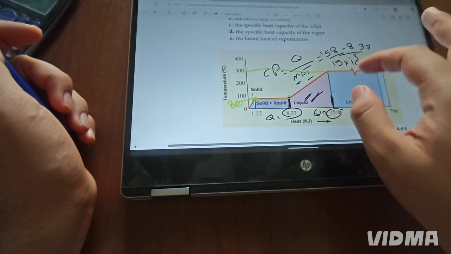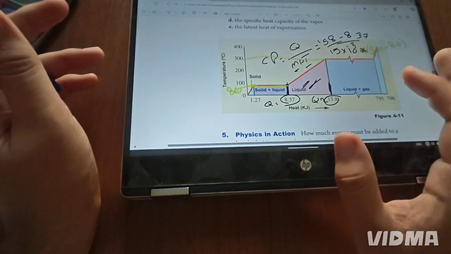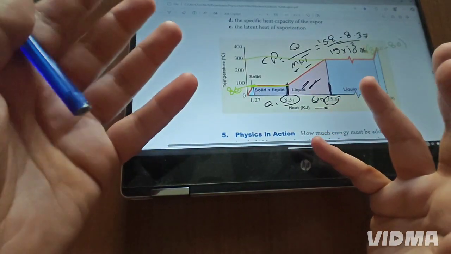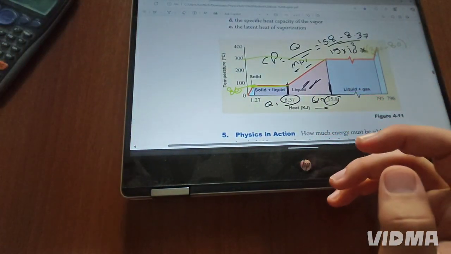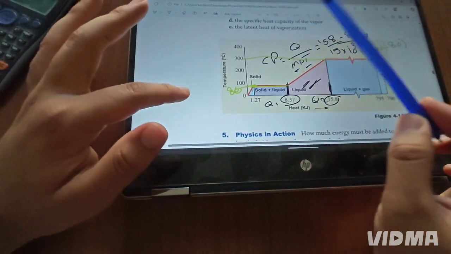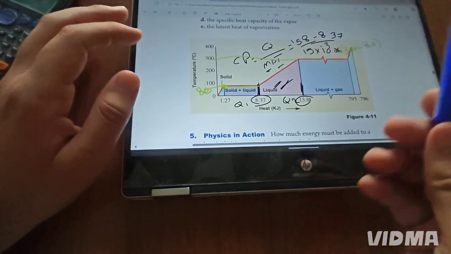If the teacher brings this in the exam, you have to be careful and use this graph carefully to find the specific capacity.